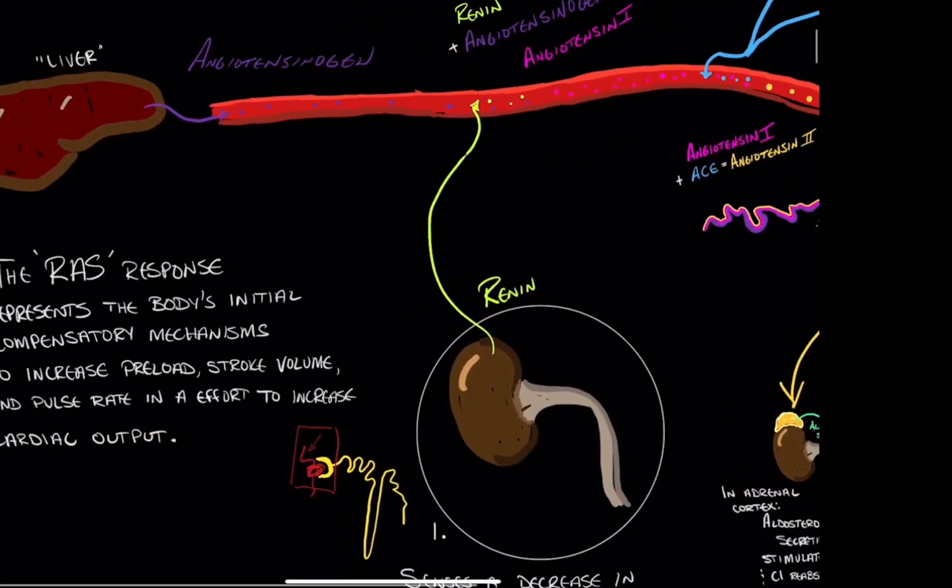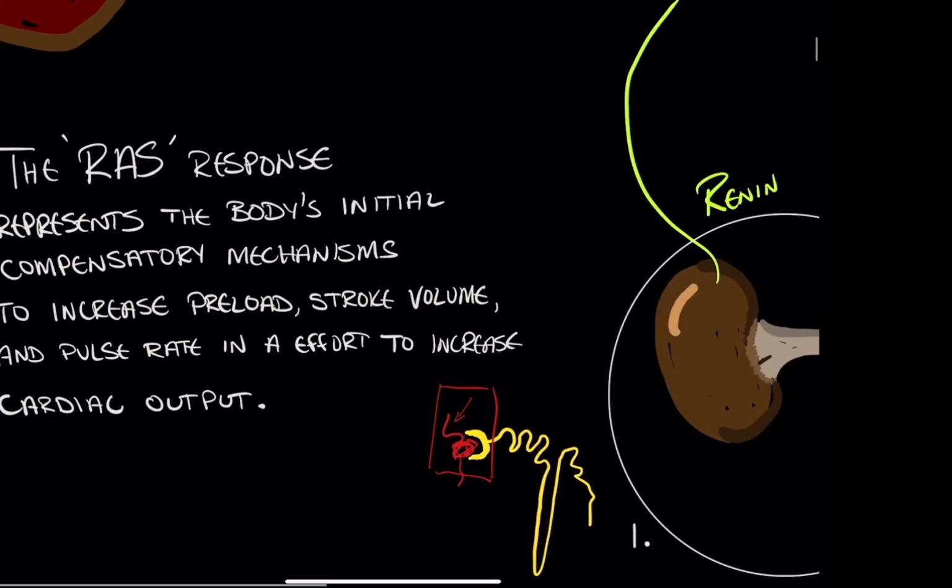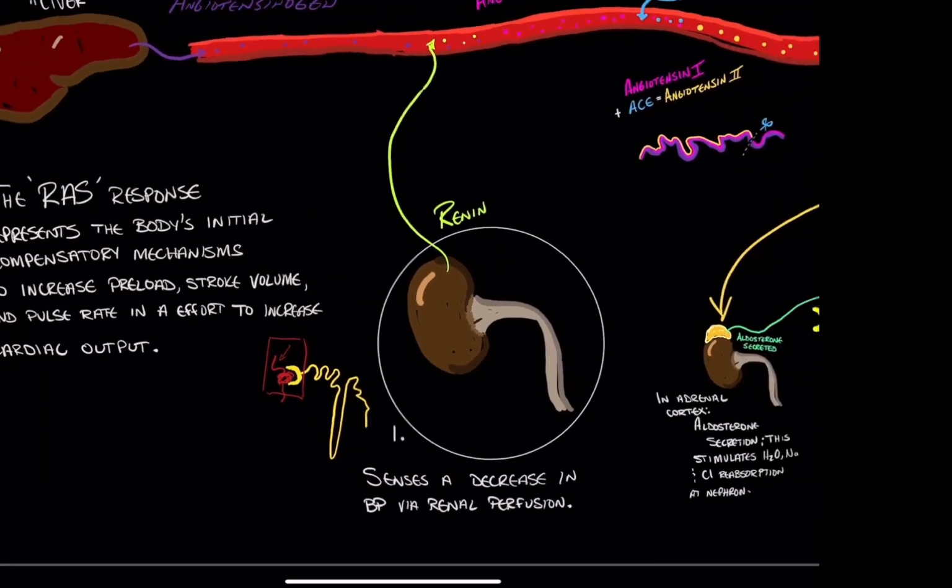So at the end, the RAS response is our body's initial response to a blood loss or a volume loss state, and it's one of our initial compensatory mechanisms. Its main goal is to increase our preload and stroke volume. It's going to increase our pulse rate, and all of that is, again, just to help improve our cardiac output, hopefully.